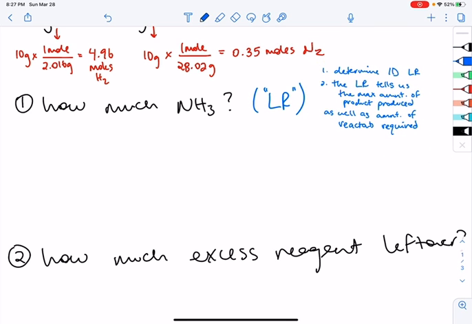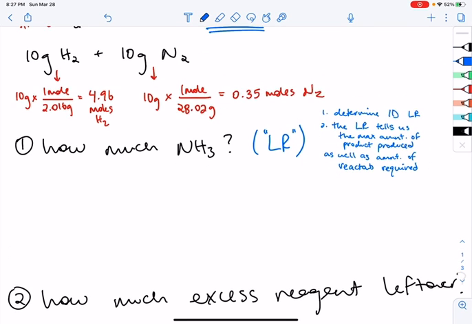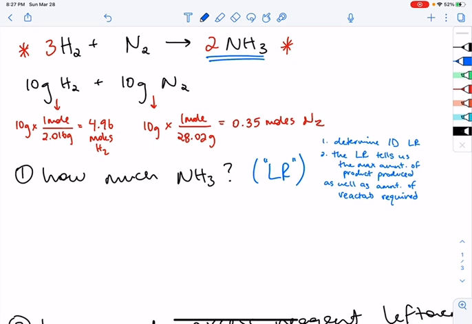The limiting reagent tells us 2 things. So let's figure out what the limiting reagent is. The easiest way to do that is to convert from reactants to products. So we'll start with hydrogen. We have 4.96 moles of hydrogen. Let's convert it to ammonia, the product, by using the stoichiometric coefficients.